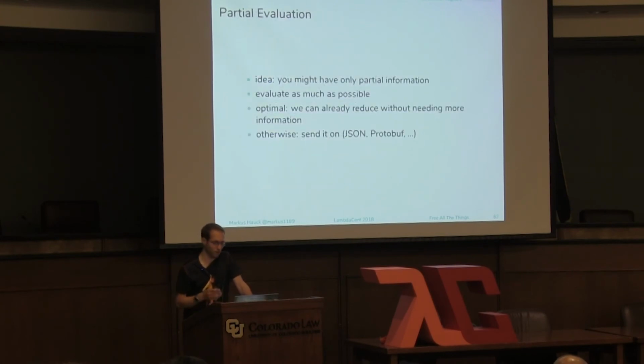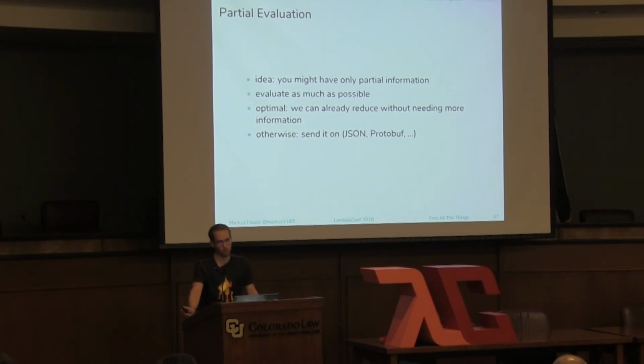But let's get back to the partial evaluation thing. So the idea is, as I said, you just have the metadata of the site and the text is maybe still in the database. So you want to avoid loading the full text of the site if you can avoid it. We just evaluate as much as possible without knowing the text.